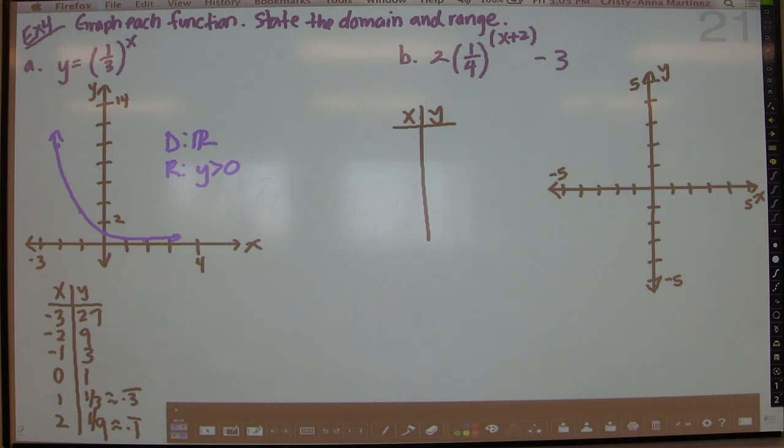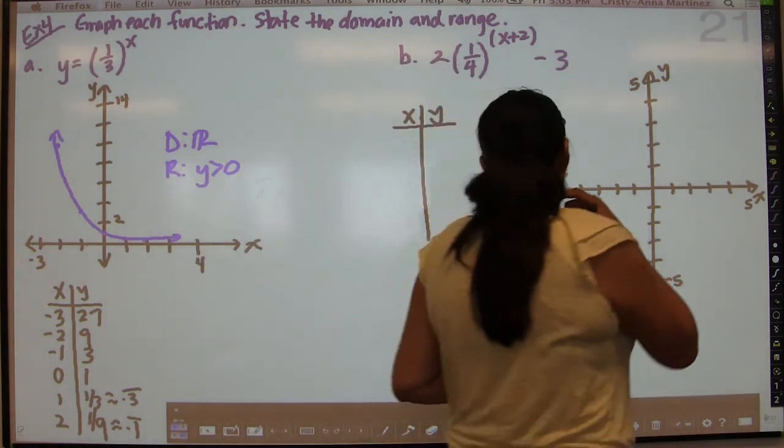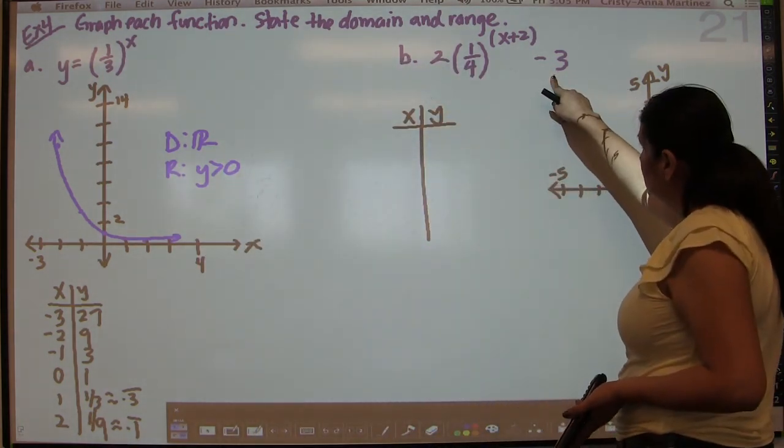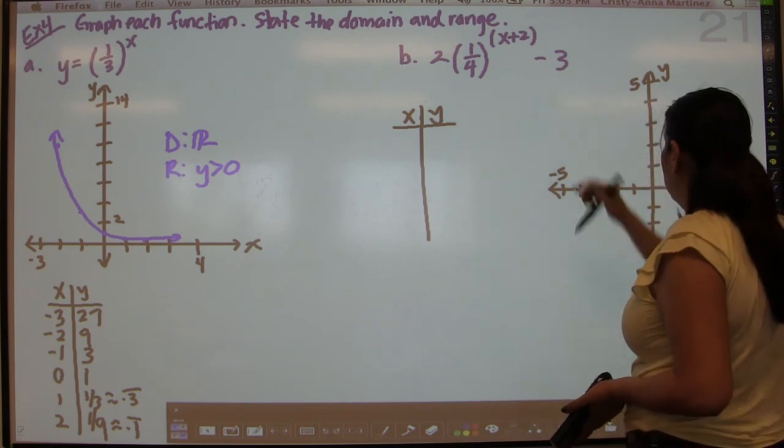We have 2 times 1/4 to the x plus 2 power minus 3. Alright, the first thing I can tell you is that we already know, based on the transformations from before, that this minus 3 is going to shift our graph 3 units down.